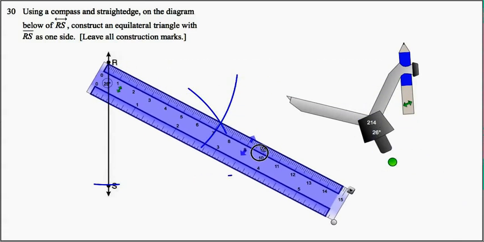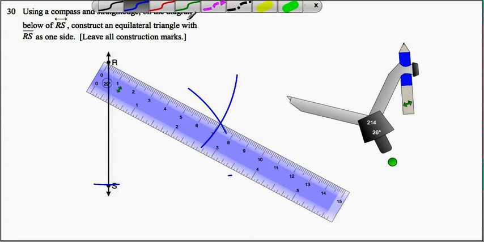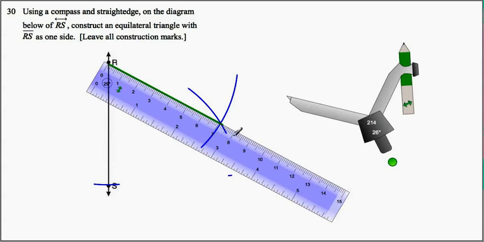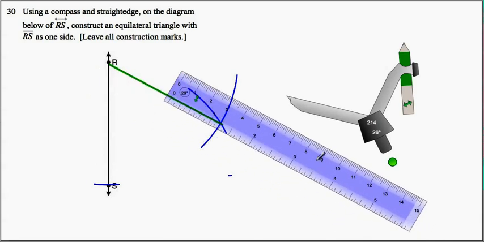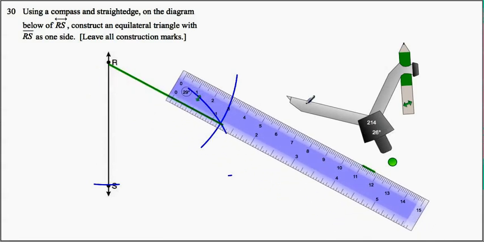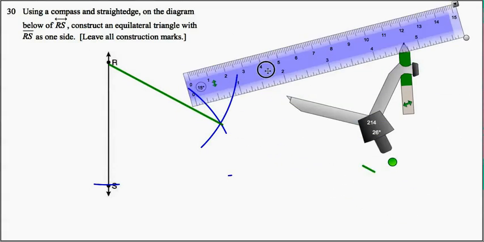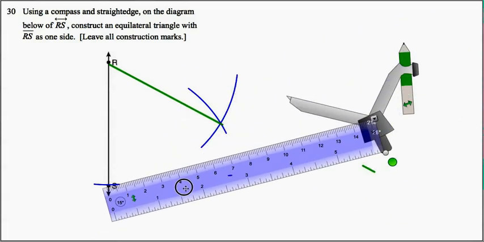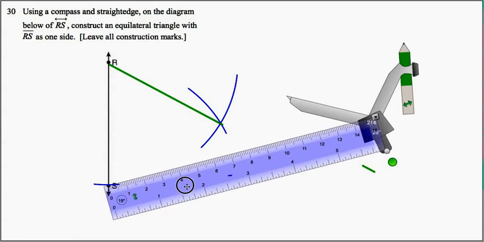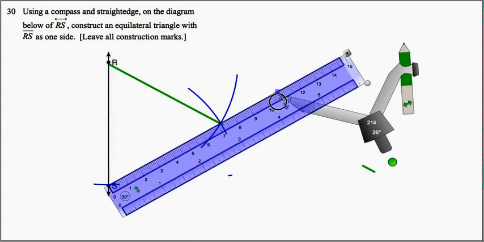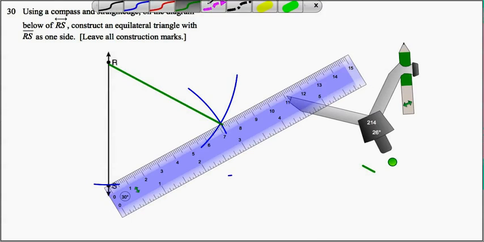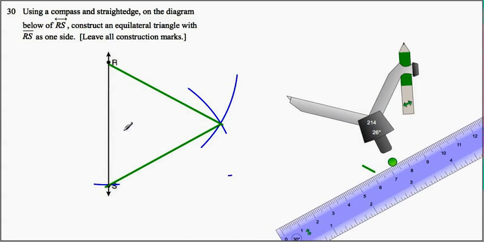And then I think we just have to draw the line. And then connect it. There it goes. So that becomes our triangle.